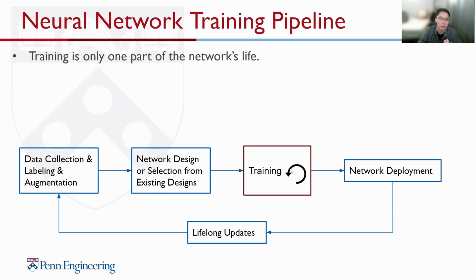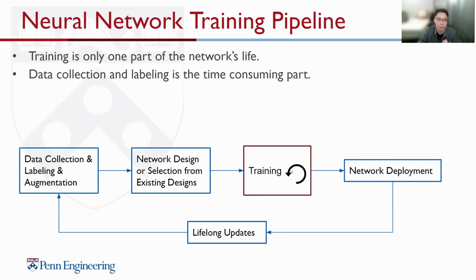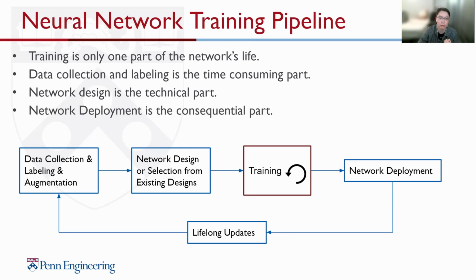So training is only one part of the network's life. Data collection and labeling are the time-consuming part. The network design is the technical part because you have to try a lot of designs. The network deployment is usually the consequential part, because even if you train a very good neural network, how it performs in the end will largely depend on the device that you are deploying on.